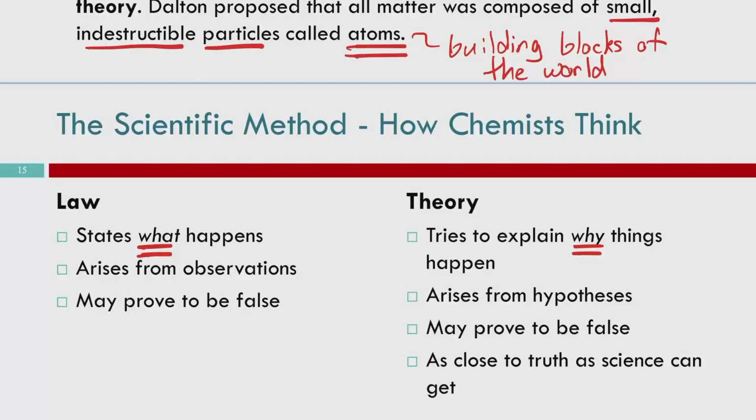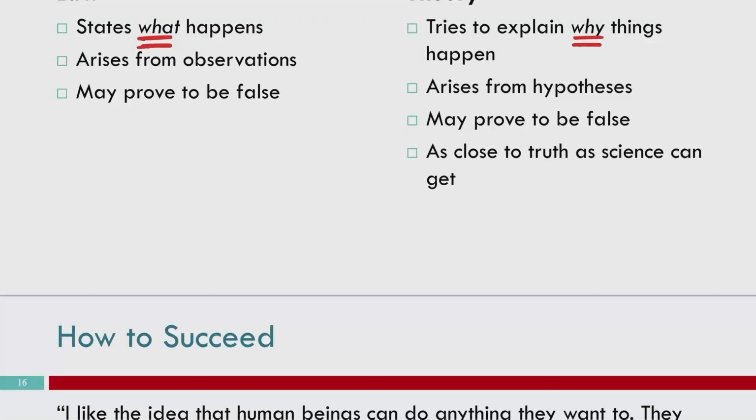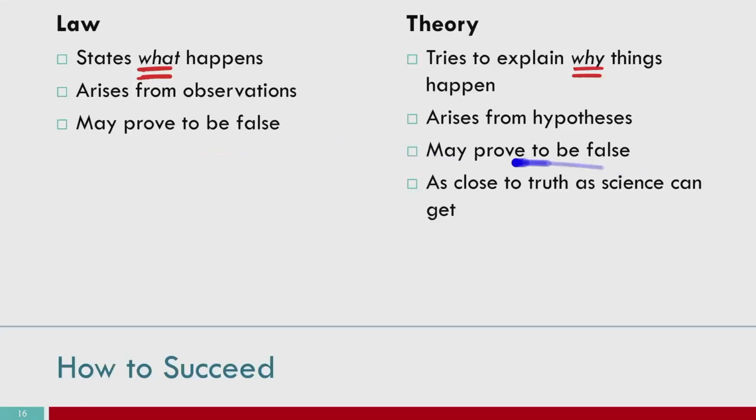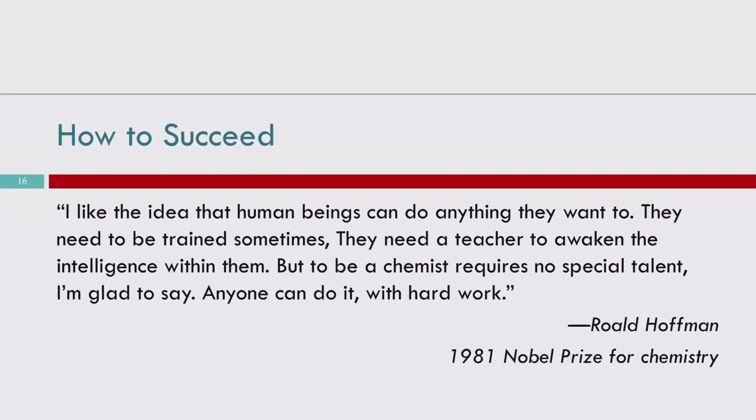In other fields, like physics and astronomy, they're a little bit more cutting edge sometimes. Not that they're not cutting edge in chemistry, just not in this class. But in more cutting edge research, sometimes laws and theories do get overturned, do get thrown out. I think this even happens in math. So those things can be proven to be false. This has happened several times, and we'll talk about some times where things have been proven wrong.